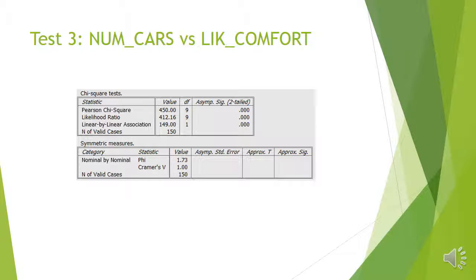This is represented with our output from our PSPP software, where our chi-squared value was found to be 450 at 9 degrees of freedom, our significance value 0.000, and our Cramer's V value of 1.00.